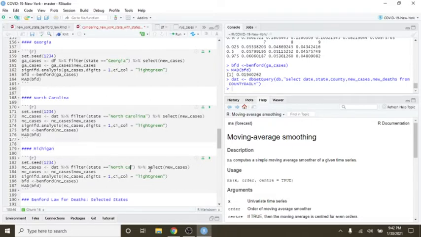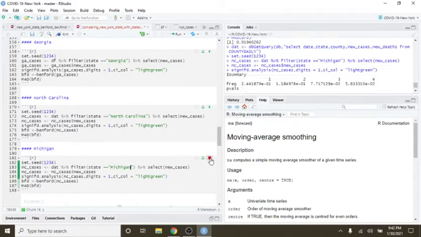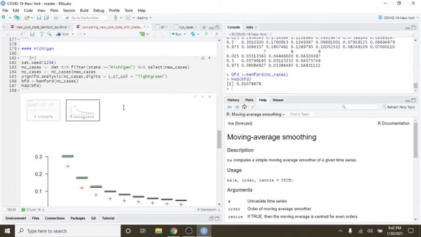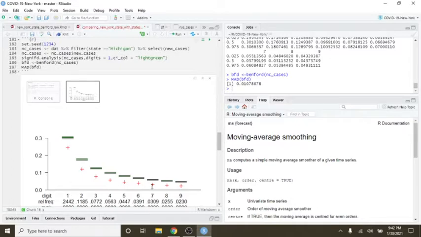So let's take a look at Michigan's cases. Once again, you can see this is 24 point for cases. Just to keep it consistent, let's change this.